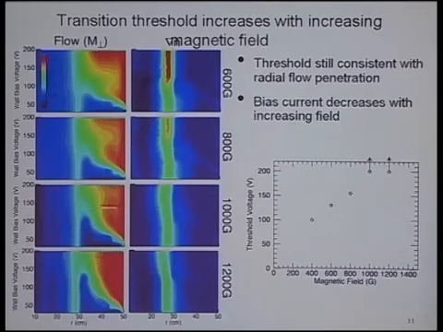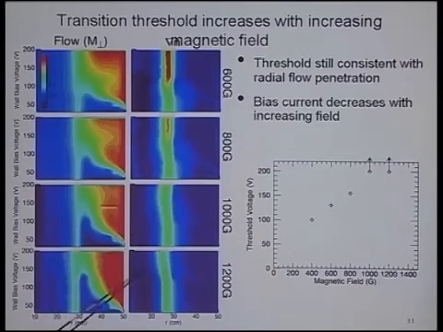So there's a stark confinement transition, and that effect starts to dissipate, the transition point begins to increase at 800 Gauss, and then we don't even see the transition at higher field.